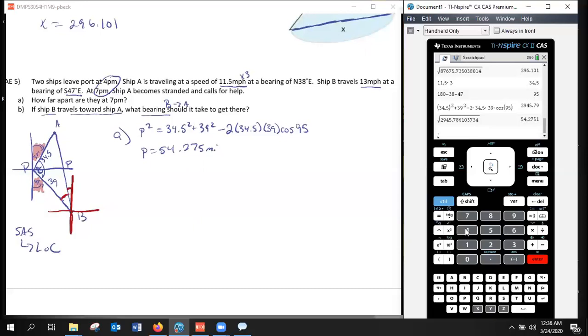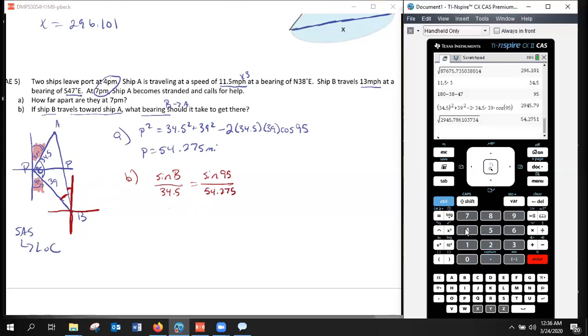So P was obtuse, so B has to be acute. So let's go ahead and use the law of sines. The sine of angle B over its opposite side, which is 34.5, will equal the sine of P, or the sine of that 95-degree angle, over the 54.275, that number that I just got in my calculator.